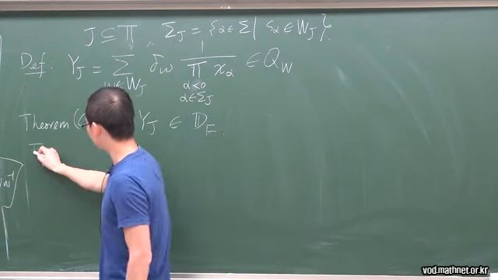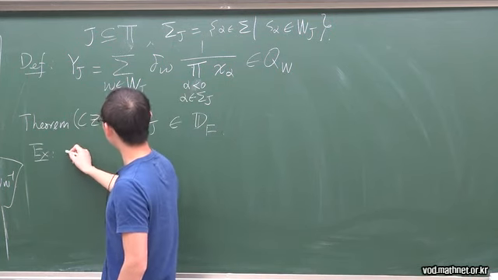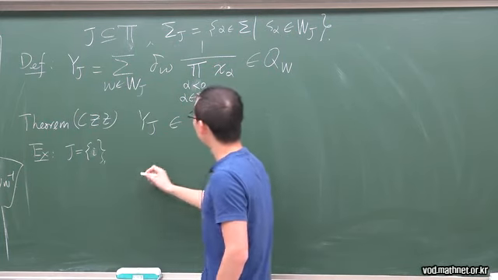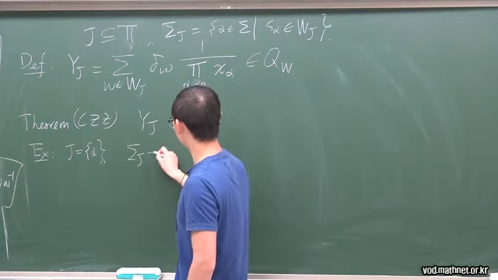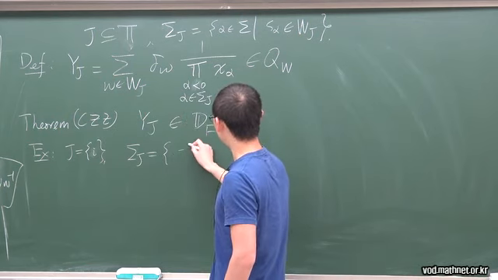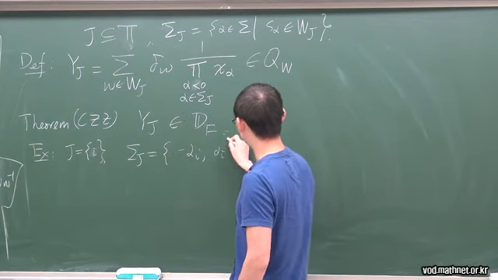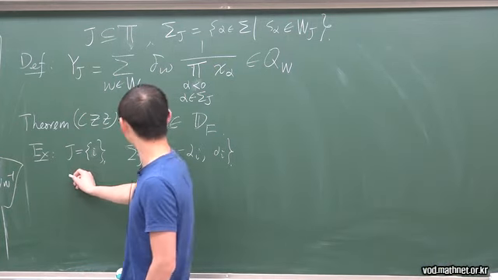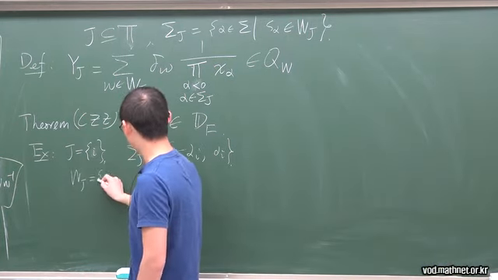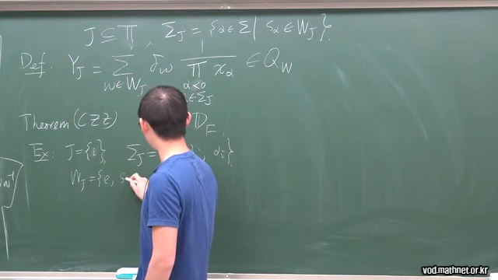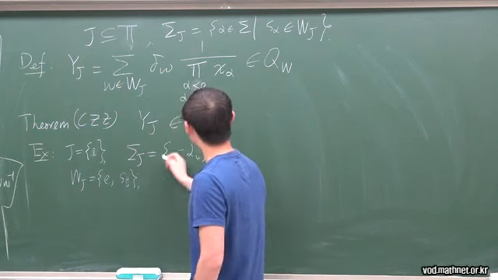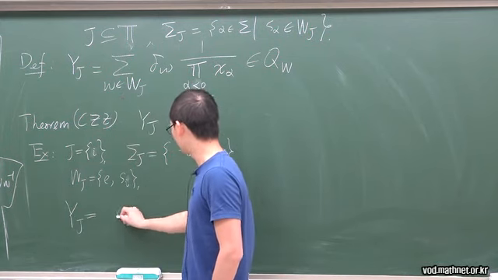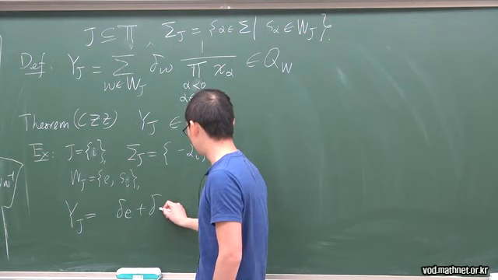For example, let me give a simple example. That is, J consists of just one element, say i. Then in this case, Sigma_J equals minus alpha_i, so alpha_i is one of the simple roots. And in that case, W_J consists of e and s_alpha, or s_i. And then this y_J actually equals delta_e plus delta_i.